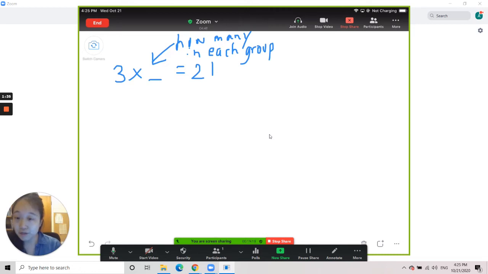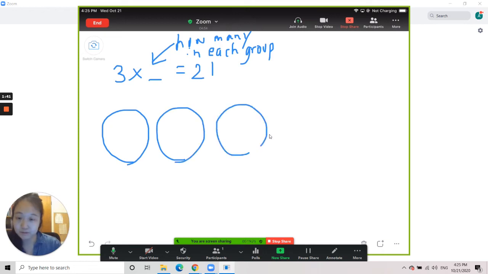I know that there are 3 groups, so let's draw those 3 big circles that represent groups. And what I can do is keep on adding 1 to each group in order until I get to 21. And I have to count so I know that I have 21 at the end.